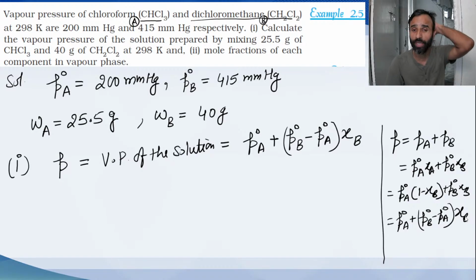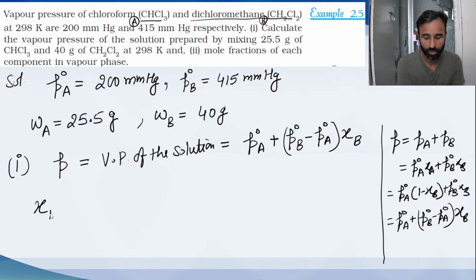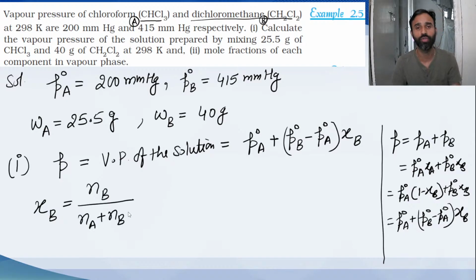So now P naught A we have, P naught B we have, but we don't have XB. So just expand it. What is XB? Number of moles of B divided by number of moles of A plus number of moles of B. So now number of moles we don't have.